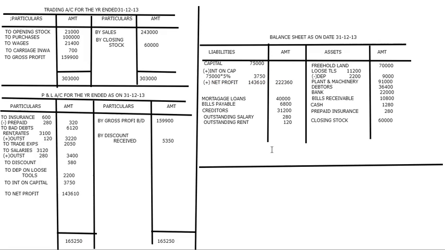6,800, 31, 200, 280, and 20. So I am getting total of, on one side, I have not seen other side.